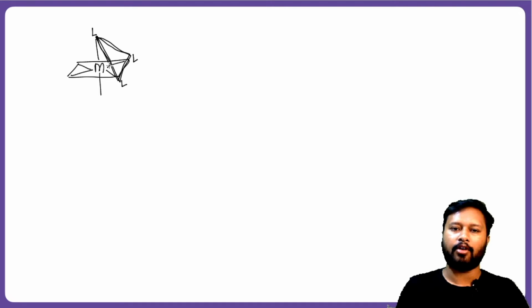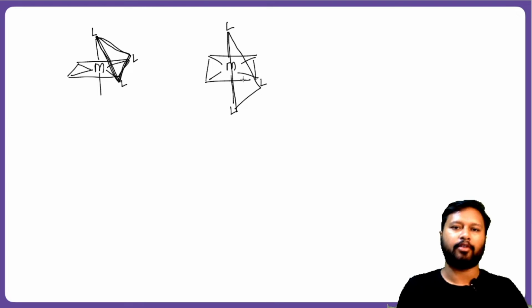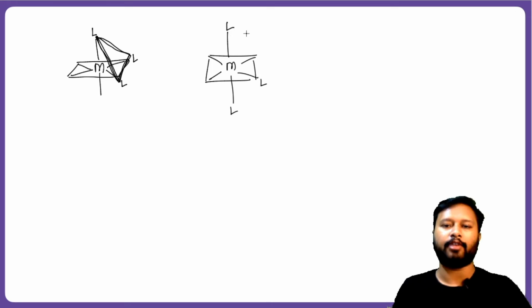So that is called the facial isomer. Whereas if my ligands are now here, here and here, again you can join them and it will make a triangle, but now the triangle is not on one face.